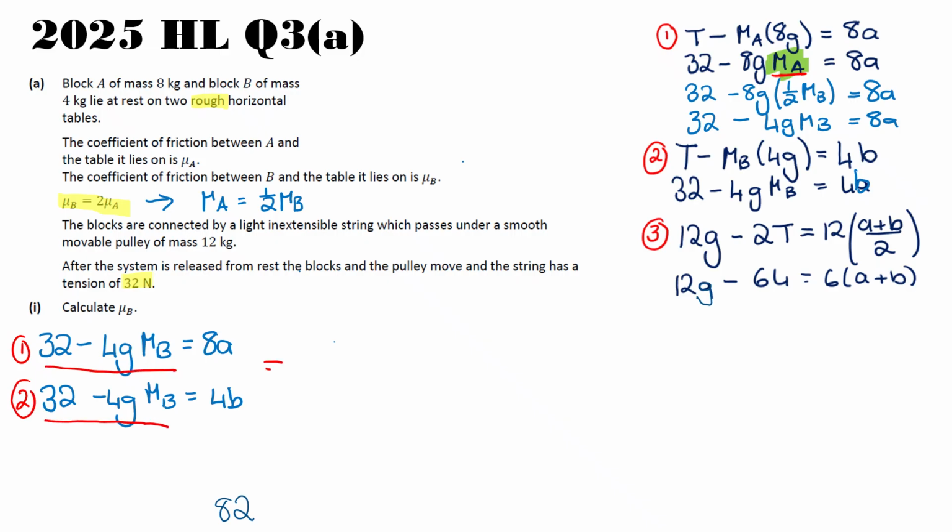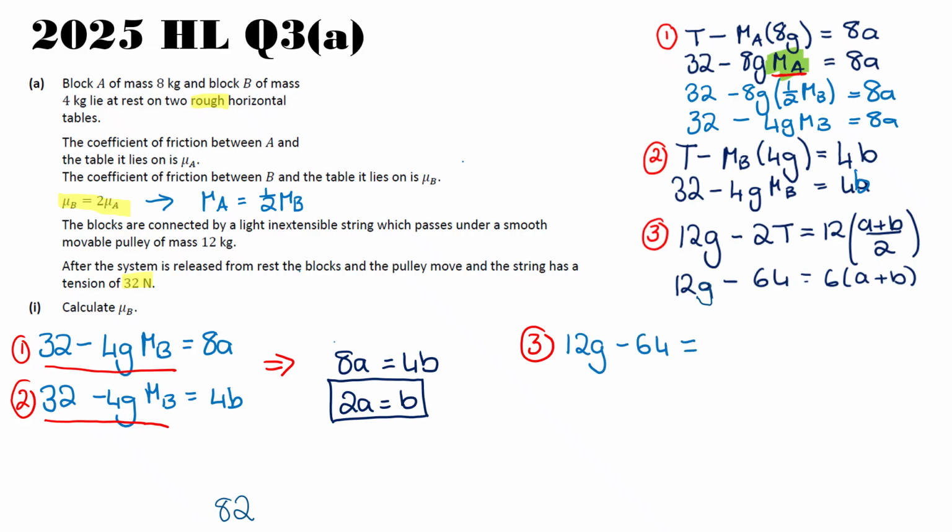What this means from these two equations, we can say that 8a is equal to 4b, or 2a is equal to b. So that's an important little idea that we now have. So then if we come along to equation 3, 12g minus 64 is equal to 6a plus b.